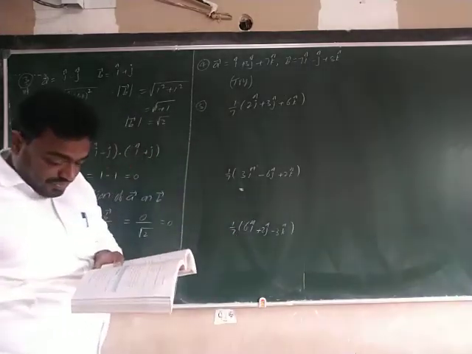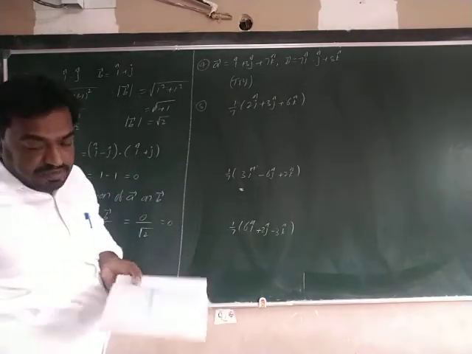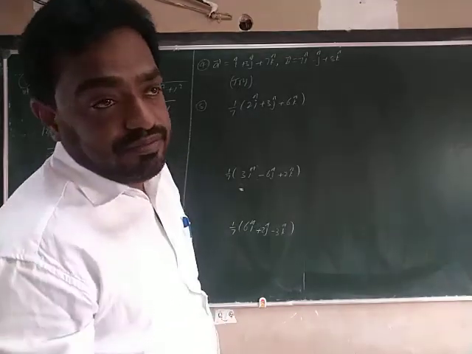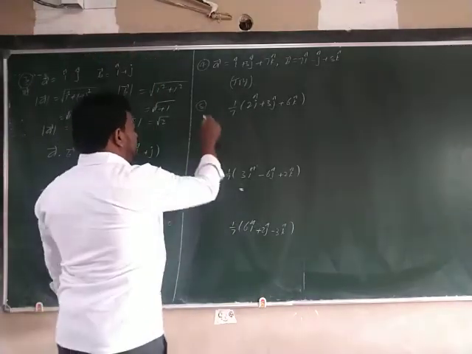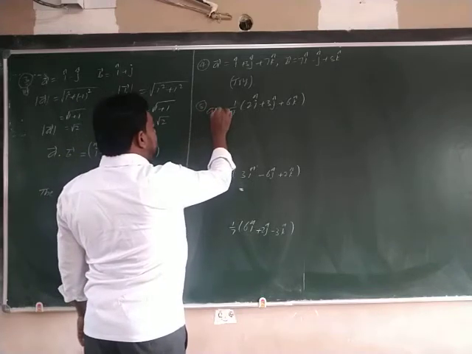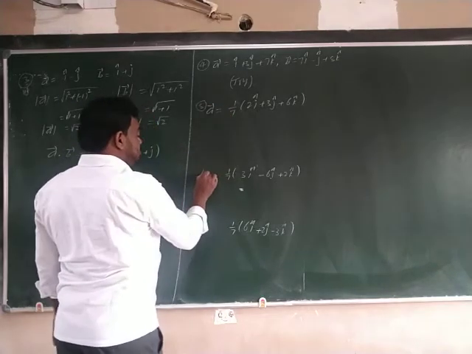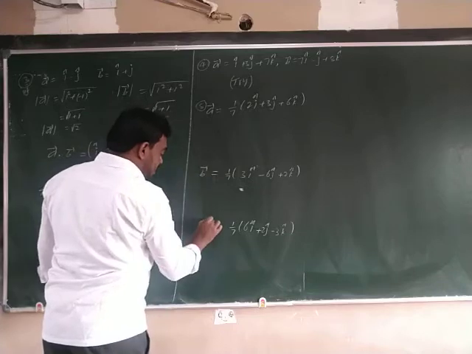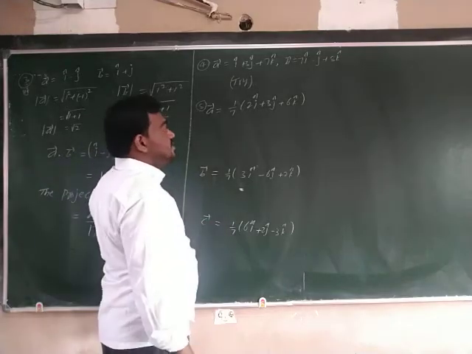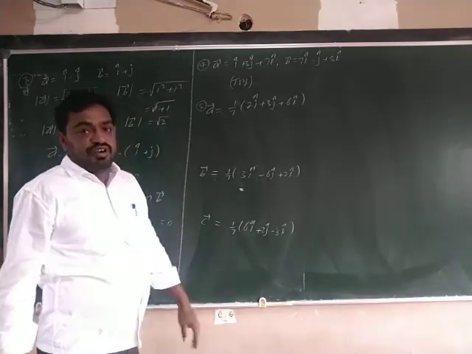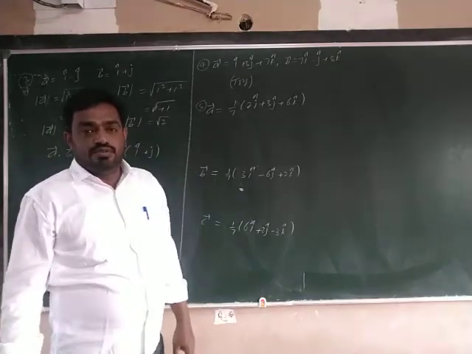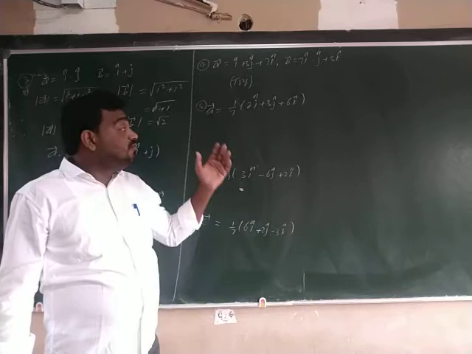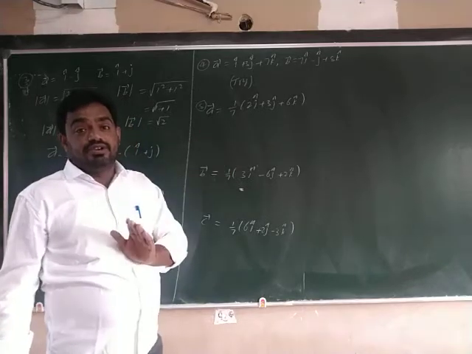Also show that they are mutually perpendicular to each other. Here there are two questions. I am assuming the given vectors as vectors A, B, C. We need to prove they are unit vectors, that means the magnitude value is equal to 1.